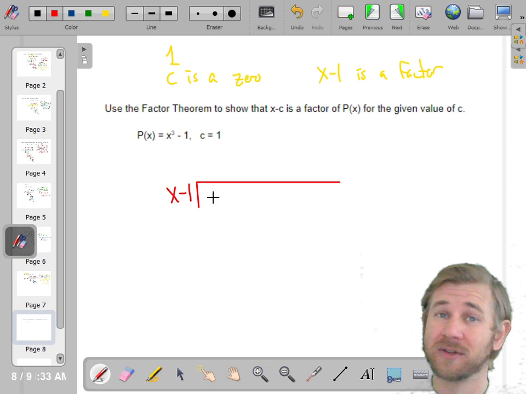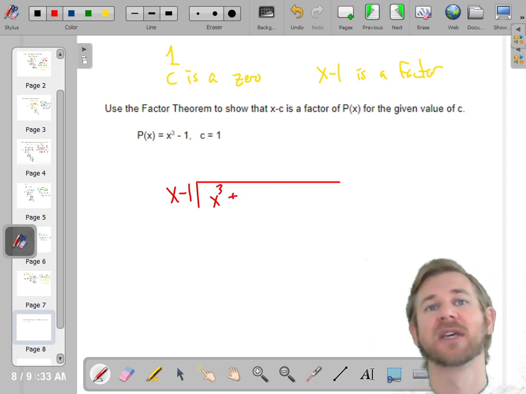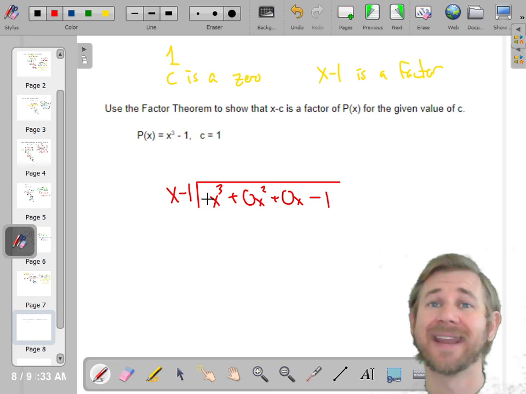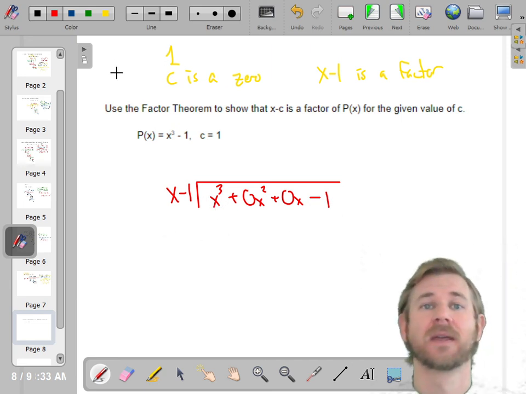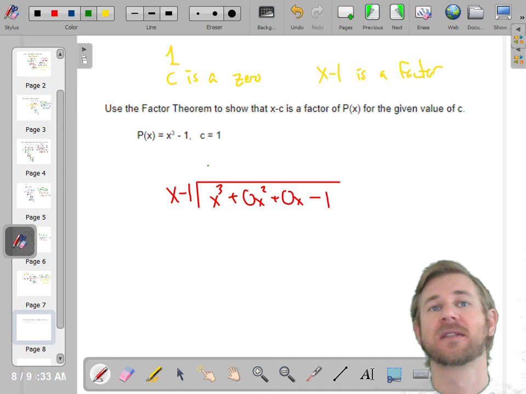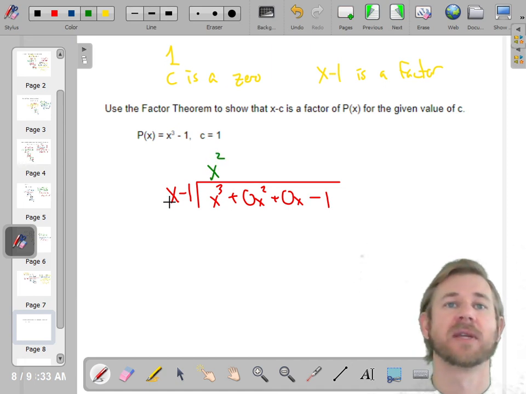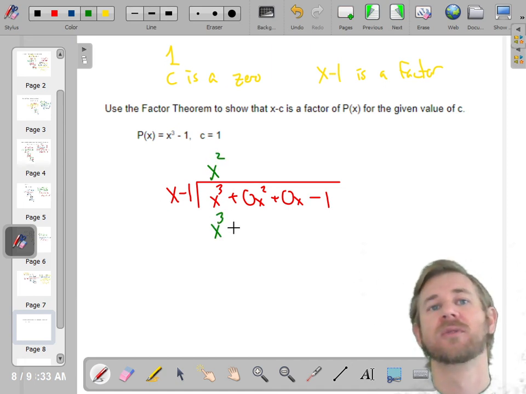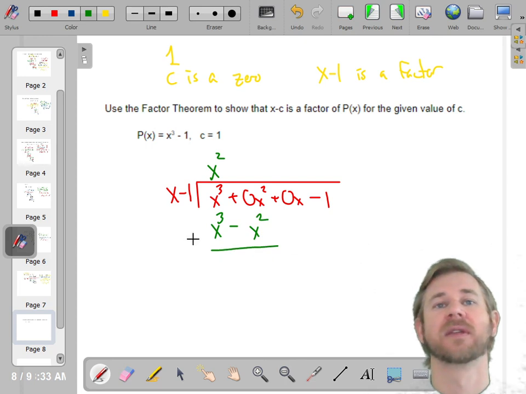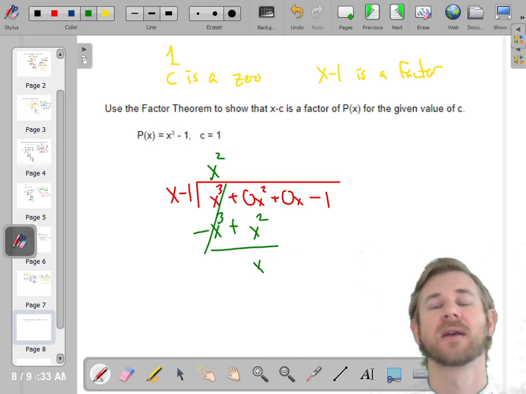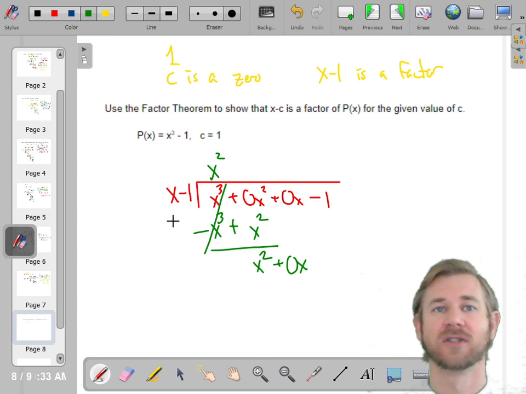But this is one where your dividend is going to have some placeholders because we have 0x squared and we have 0x's. If you don't do that, then stuff doesn't line up very well. So now we'll say x times what is x cubed? X squared. Distribute an x squared, x cubed minus x squared, and then we say minus plus, those go away. X squared plus 0x. Do it again.